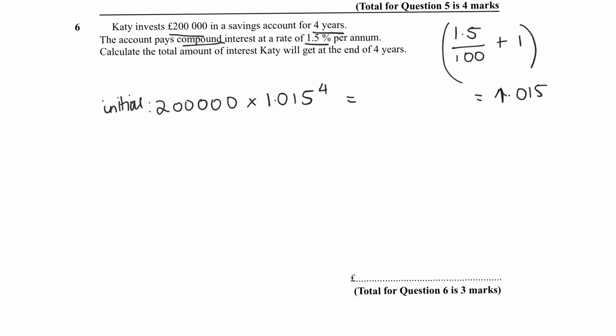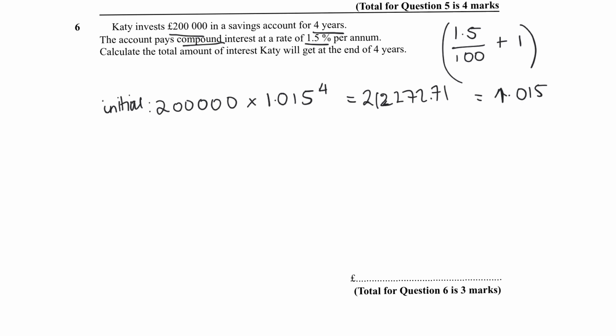And in your calculator, you would get an answer of, well, because we're dealing with money, you only really want it to 2 decimal places. So 212,272.71 pence.